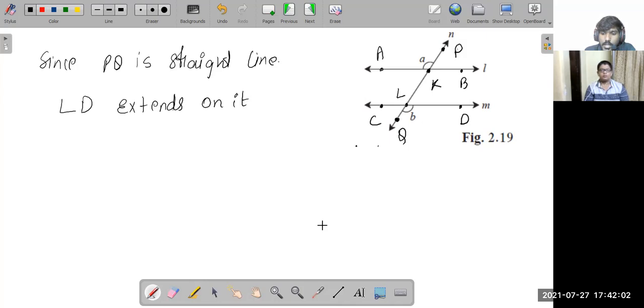So angle DLQ and angle DLK. Okay, DLQ and DLK.